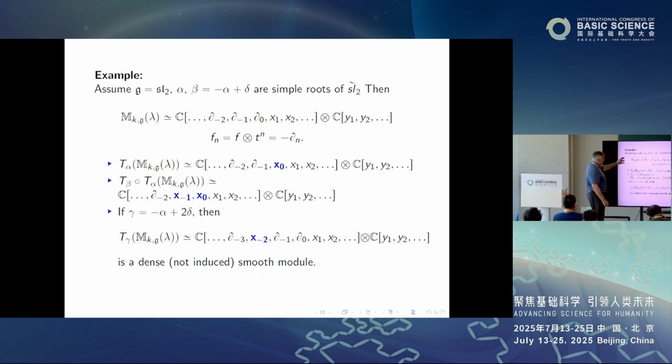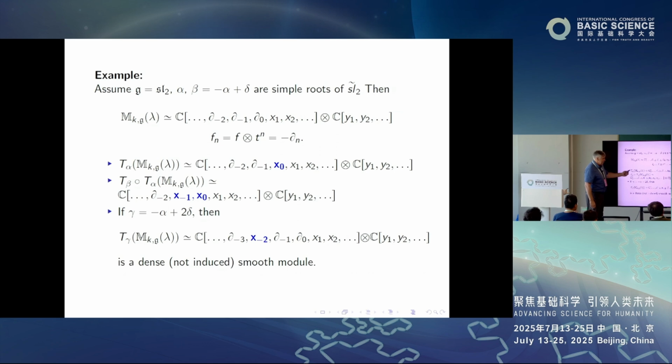So my module is just this space with a natural action. Of course I don't write the formulas for E_n and H_n, right, but they're more complicated, but F_n acts this way. So what happens if we apply T alpha?